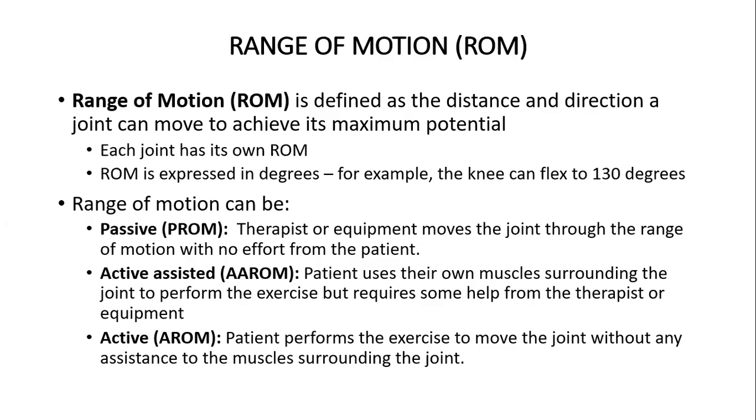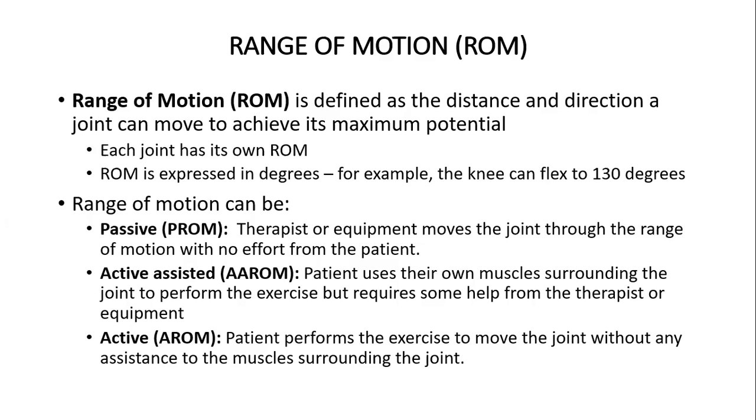There's no effort with the right arm. So I'm using my left arm, or in that case, it would be equipment, to move my right arm. So again, passive range of motion means that the patient is not moving by themselves. They need a therapist, another body part, or equipment to move the joint through its available range.